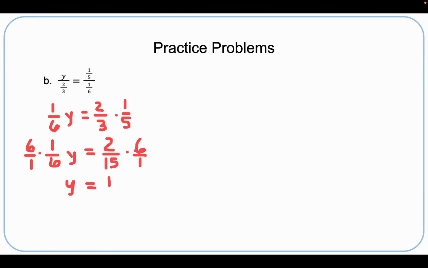Actually, there's some cancellation that we can do. We can factor out a 3 from both the 15 and the 6. So let's factor out a 3. We're left with 2 here, and then we're left with 5. That just makes it easier, smaller numbers, and we don't have to simplify later. So 2 times 2 is 4, and then over 5 times 1. So y equals 4/5. If we hadn't canceled first, we would have got 12 over 15, which then you should have noticed that you could factor out a 3 at that point.